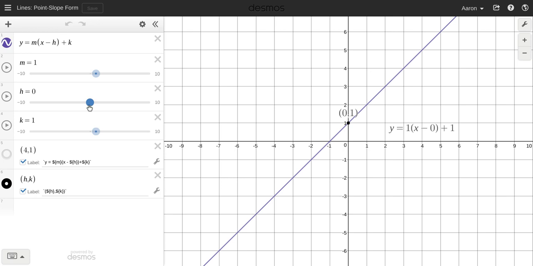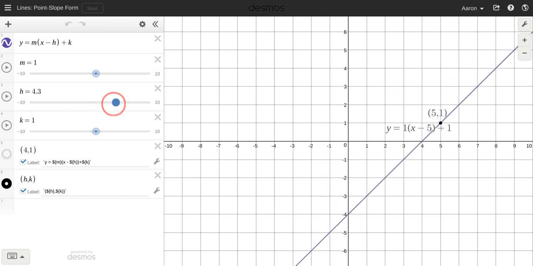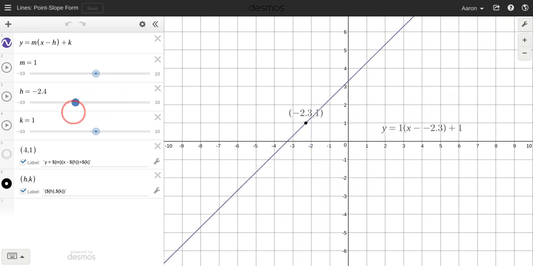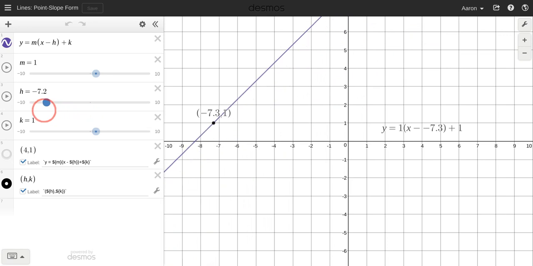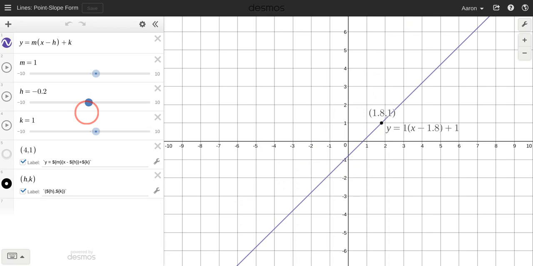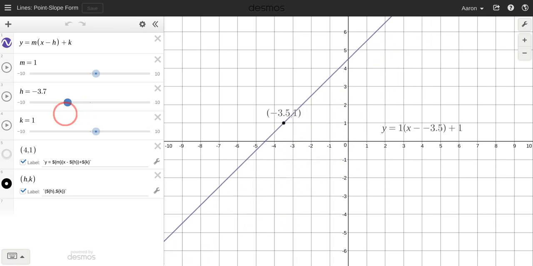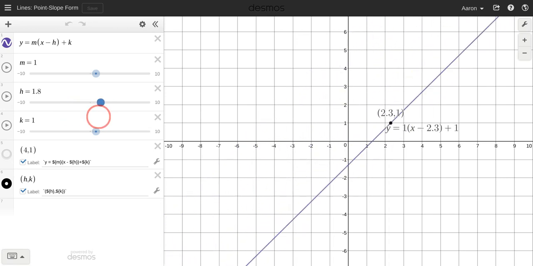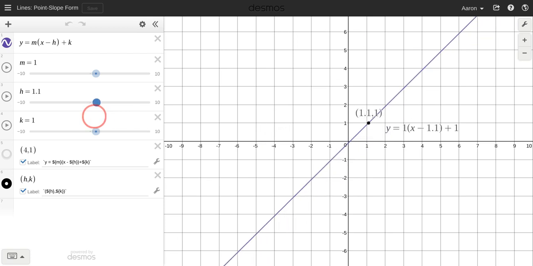Let's go ahead and start moving h around and seeing what happens. Notice that as I move h around, I have this horizontal change. As I go to the left and right, I can see the values in the equation and the line changing.